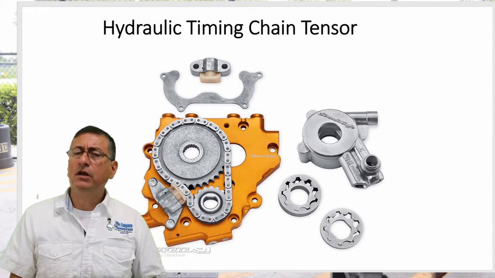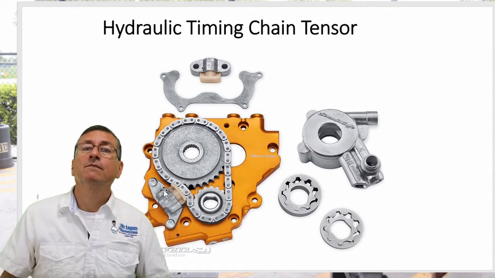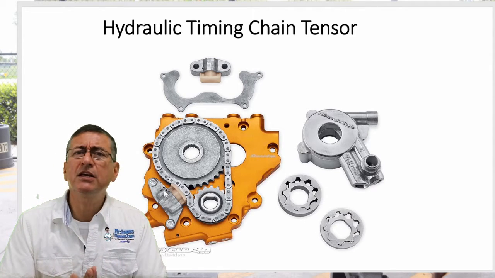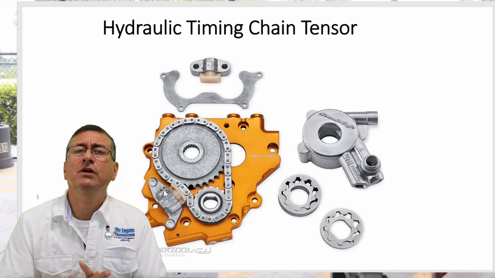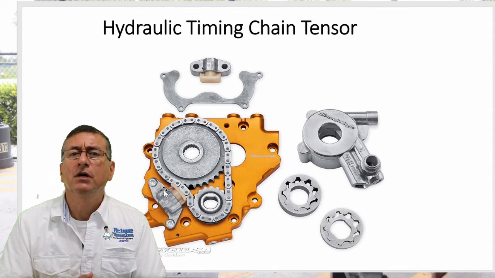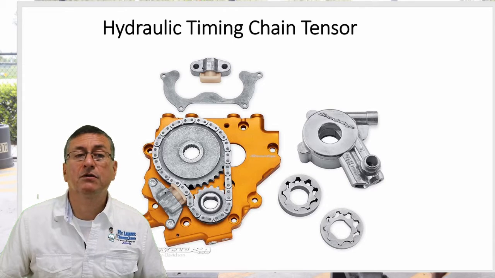Remember, there are small diesel engines with timing chain and those tensors. For example, I explained in previous episodes, Perkins and Yanmar have small diesel engines for sailboats and generators. Those engines use a timing chain and a tensor for the timing chain. Depending on the manufacturer, you have that situation.